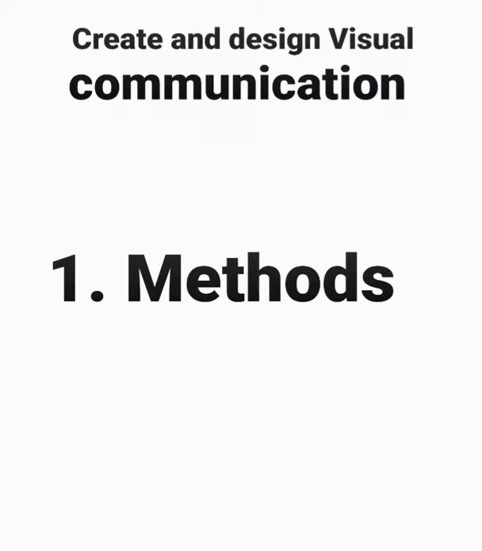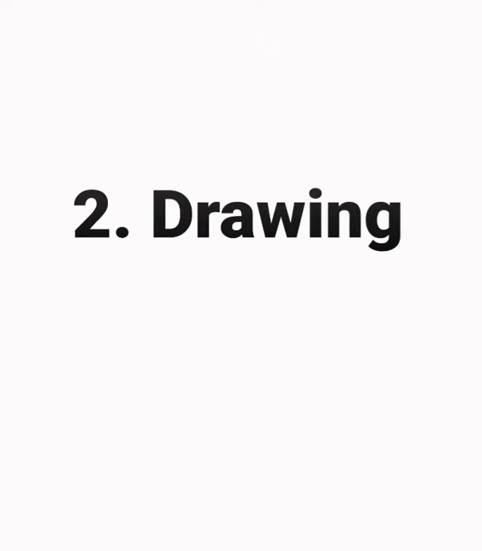Okay, and in this study, the following are selected and applied to create and design visual communication. Methods refers to the manual and digital processes, drawings that can be used for the purpose of observation. Media, the digital and non-digital applications used to make visual communications.